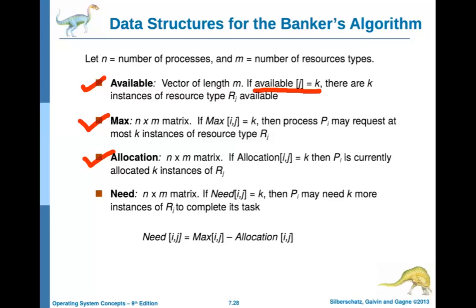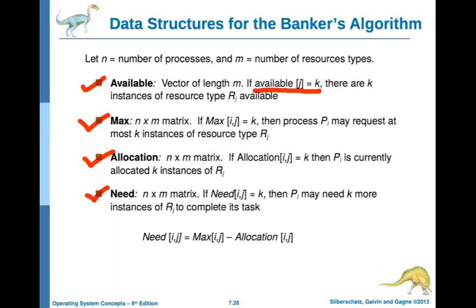Similarly, need. Now given max and allocation, we can simply calculate need. Remember, need is how many resources are still required by that process. So we have the maximum requirement, we have the current allocation. So maximum requirement minus current allocation is equal to what I need.